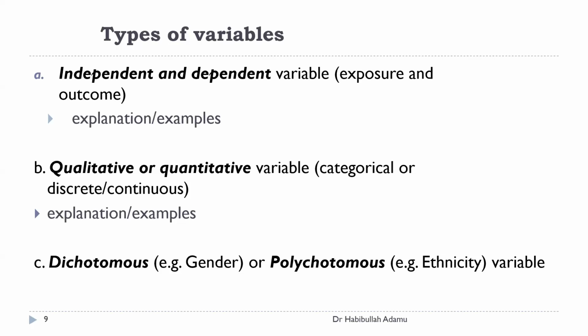For example, age, we describe it using number. Weight is another example. Number of people in a class is still using numerical values. So all these are quantitative variables. Quantitative variables can be further classified into discrete or continuous variables.